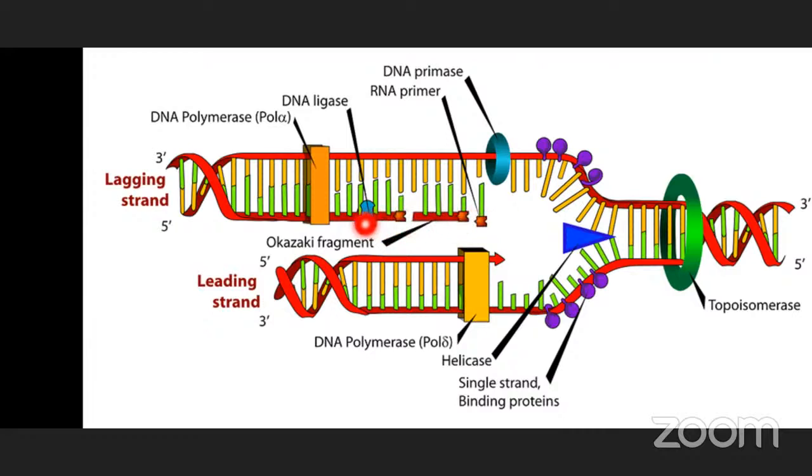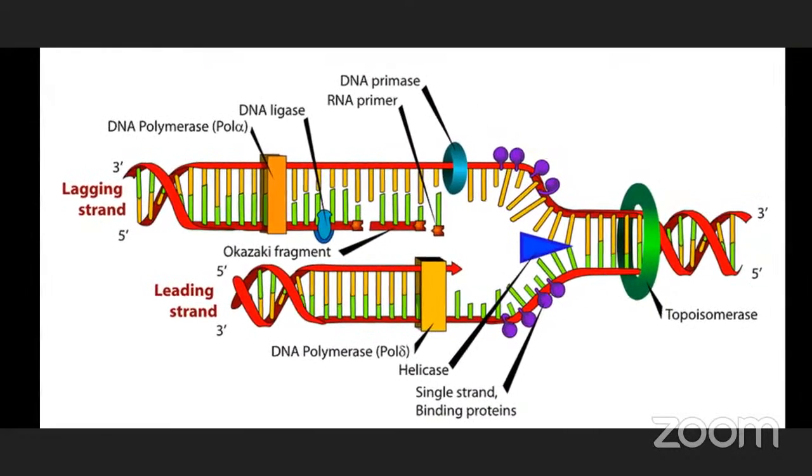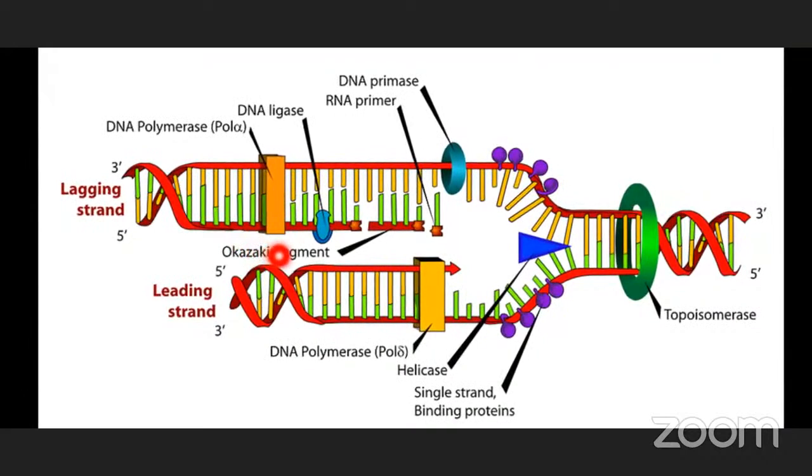This is one fragment and this is one fragment. Replication takes place discontinuously in the lagging strand, so the newly synthesized DNA is formed in small fragments called Okazaki fragments.